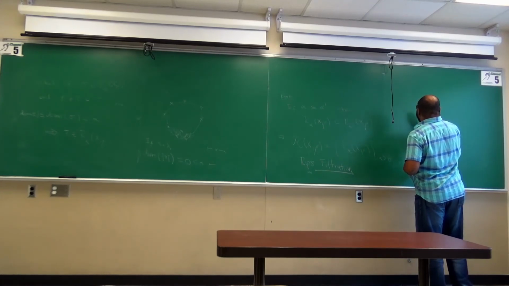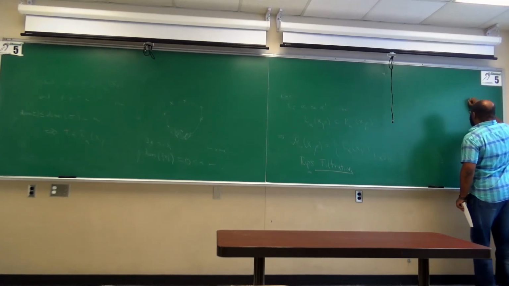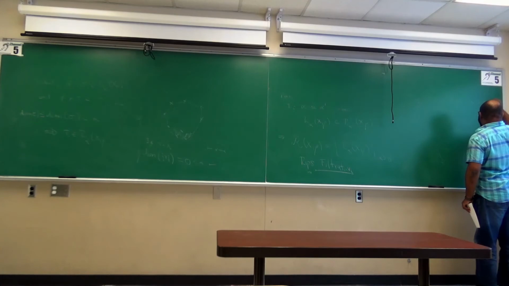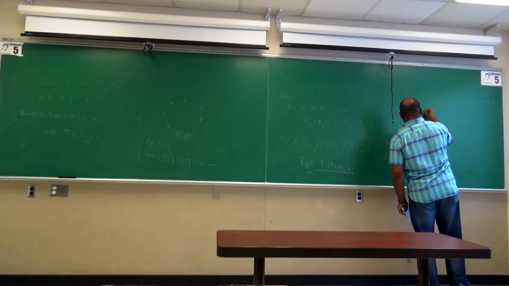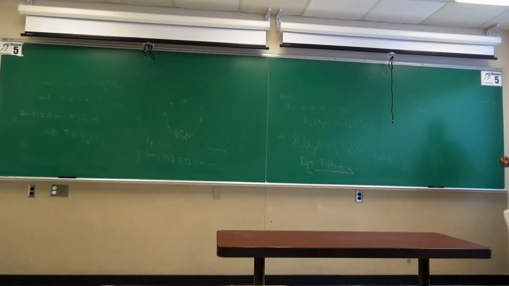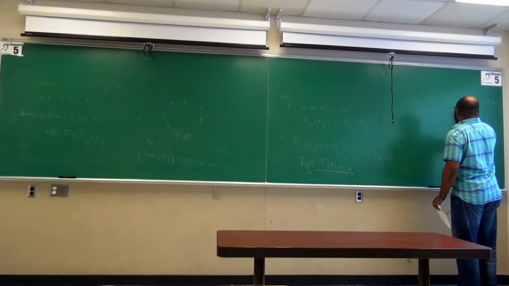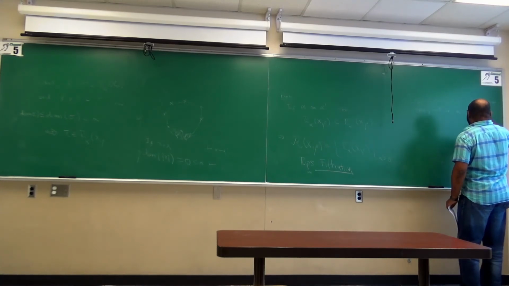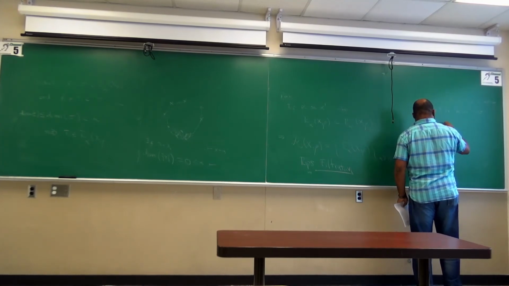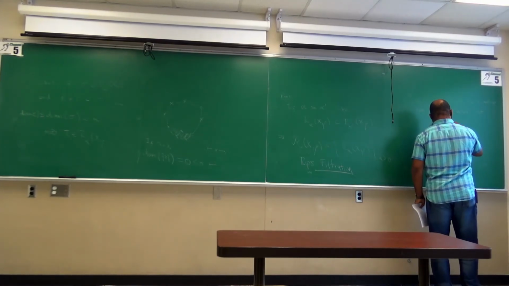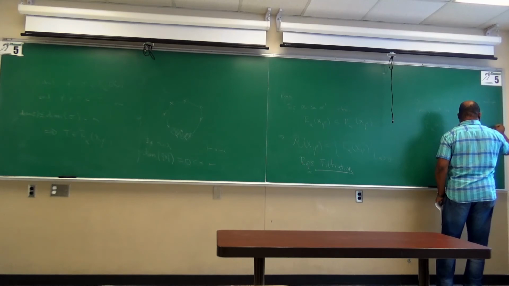Here's a definition. Let (X, rho) be a metric space. So now I'm asking that we have the triangular inequality. And for alpha greater than 0, let B alpha of x be the collection of points y in X so that rho(x, y) is less than alpha.